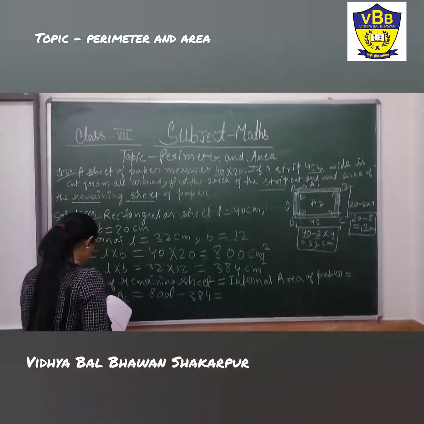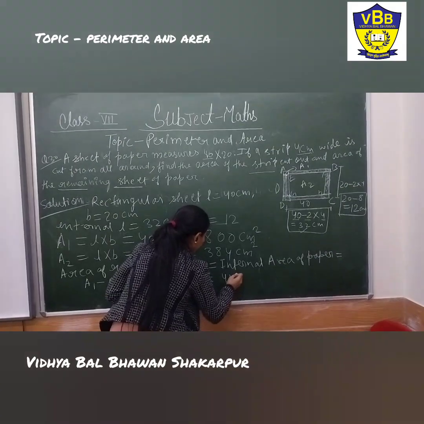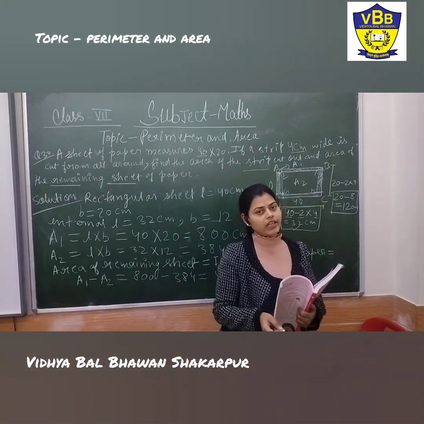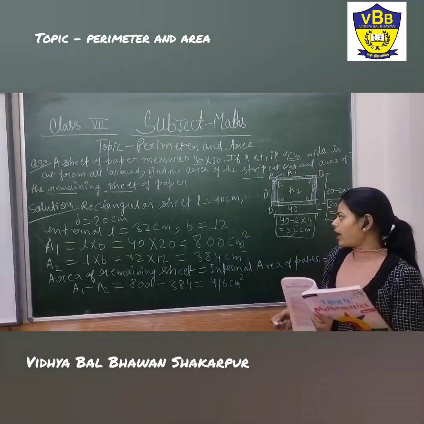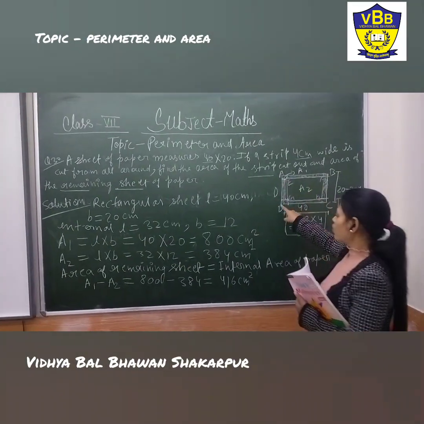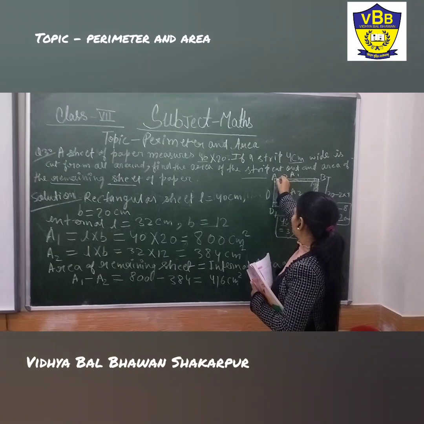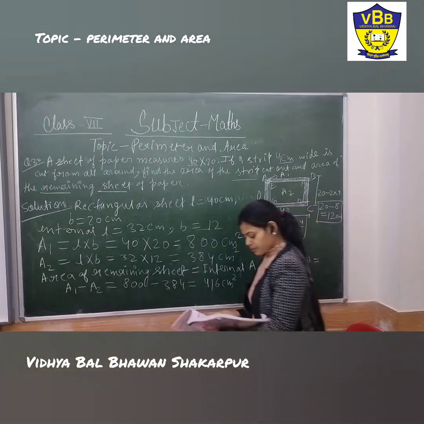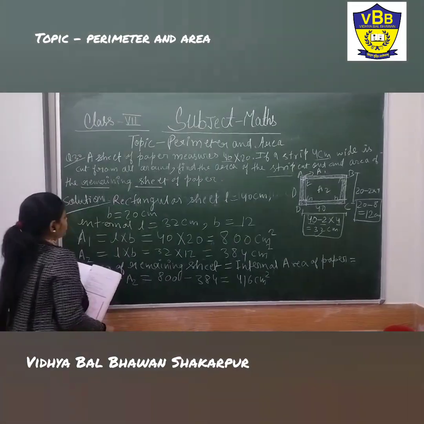After subtracting, you will get 416 centimeter square. So this is how you can calculate the area of the remaining part, by subtracting these two values. This is actually the area of the shaded portion. Clear? This is all about this question.